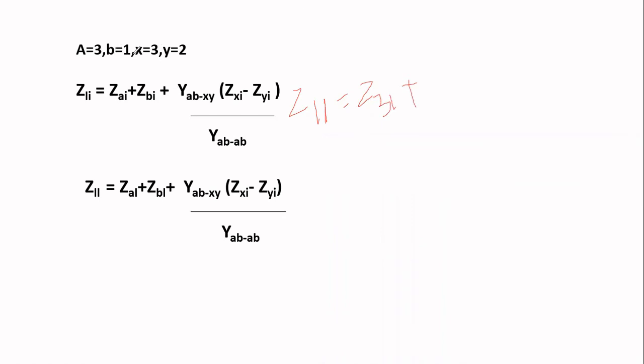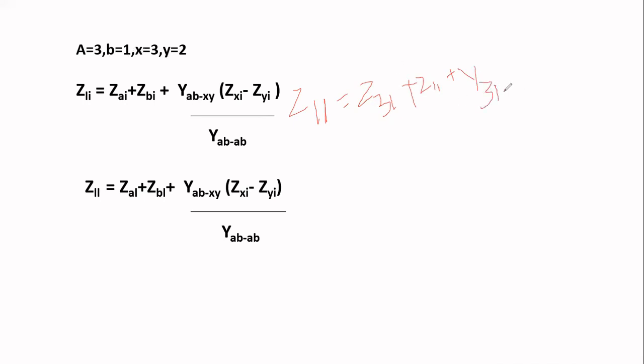How will we calculate the ZBI value? B is equal to 1, I equal to 1, that means Z11, plus YABXY, where AB means 31 and XY means 32.